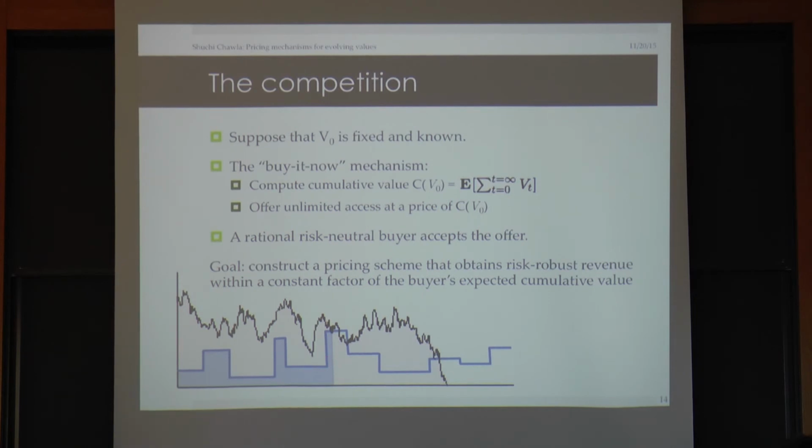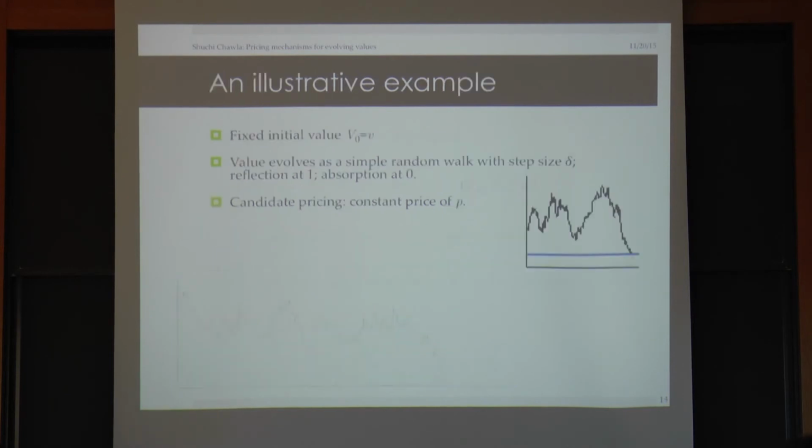That's our goal. Okay, so I want to claim that this is a pretty strong kind of guarantee if we can achieve it. So this pricing mechanism is really talking about the most averse kind of buyer, and the red area is talking about the most accepting kind of buyer, and yet we want the blue to approximate the red.